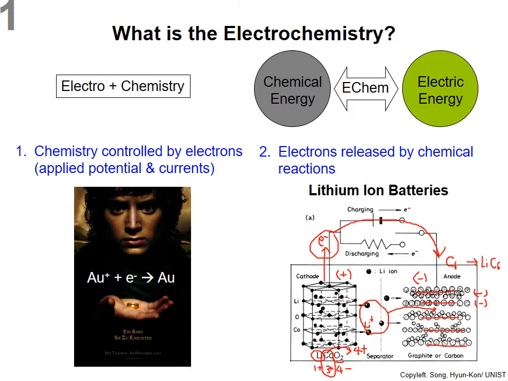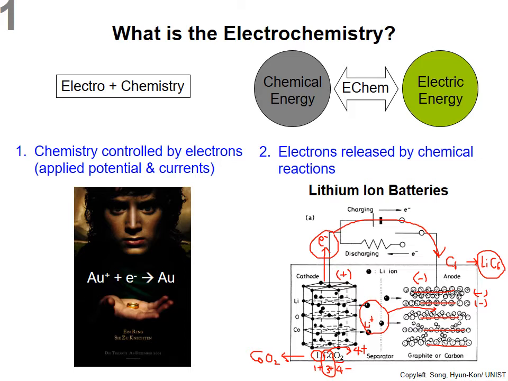What did you do? You have applied potential, positive on the lithium cobalt oxide and negative on the graphite. Then finally you have made just cobalt oxide and also lithiated graphite. That is the charging process.